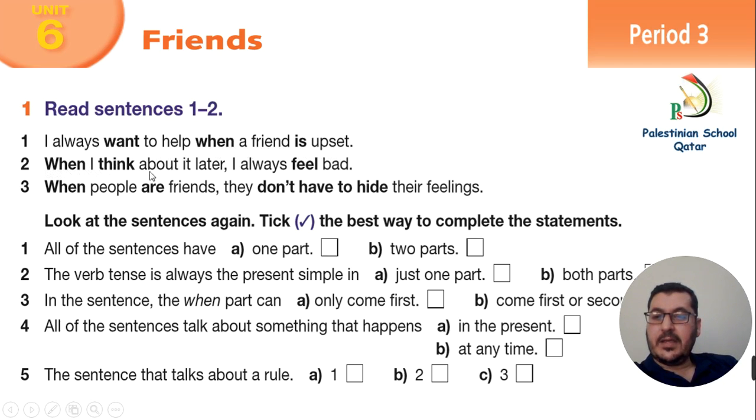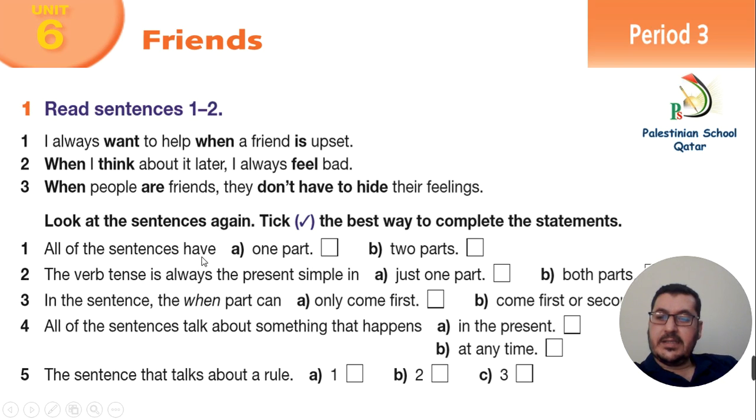When I think about it later, comma, I always feel bad. 3. When people are friends, they don't have to hide their feelings. We have 3 sentences here. Look at the sentences again. Tick the best way to complete the statement.